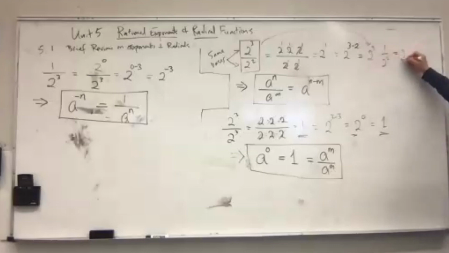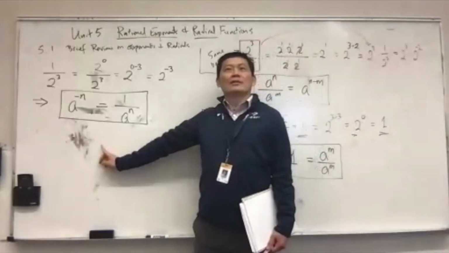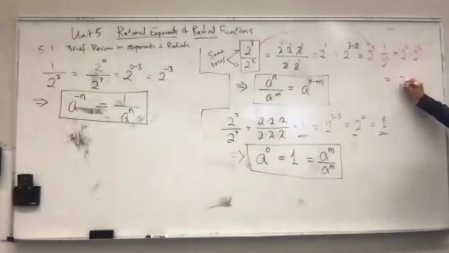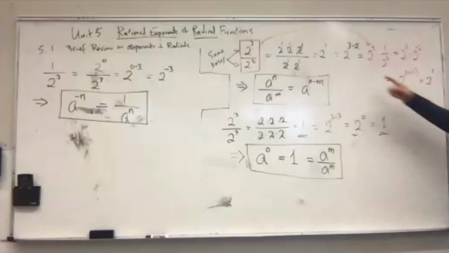Can I write this as 2 to the third power times 2 to the negative 2 power? Yes. So can I write this as 2 to the 3 plus negative 2? Because it's multiplying, so you add the exponents. So it's 3 plus negative 2, and you end up with 2 to the 1 power. You still end up with the same thing.